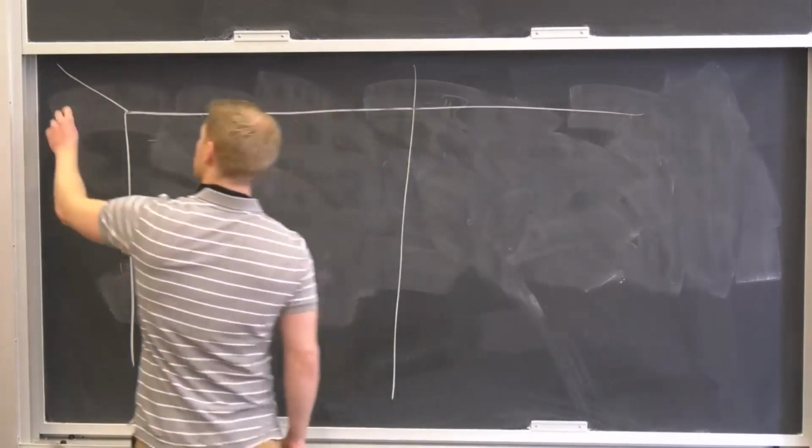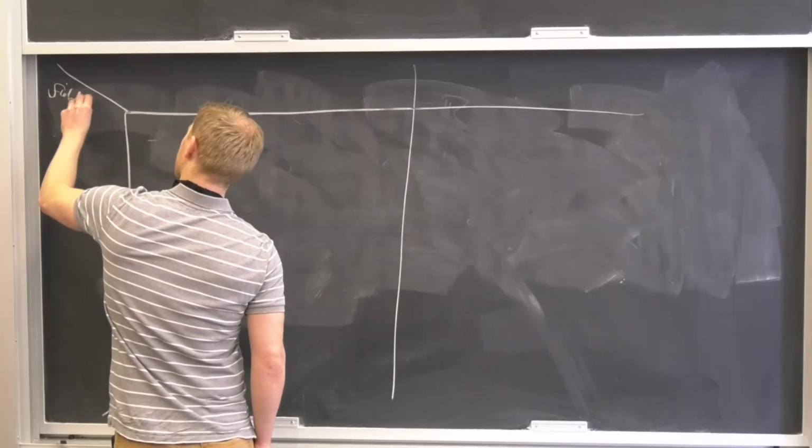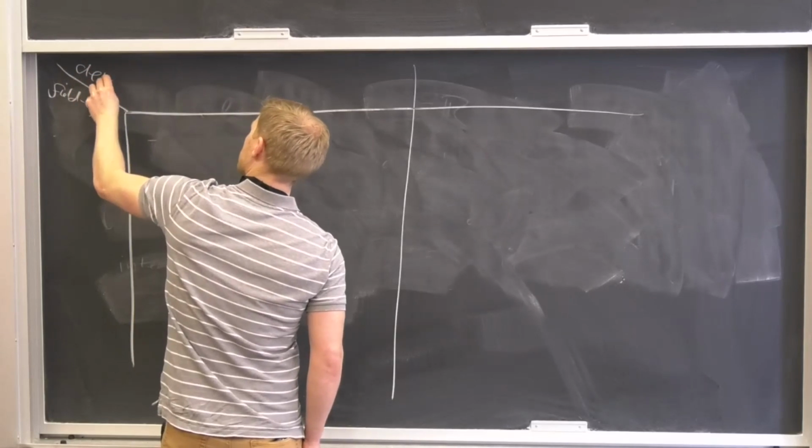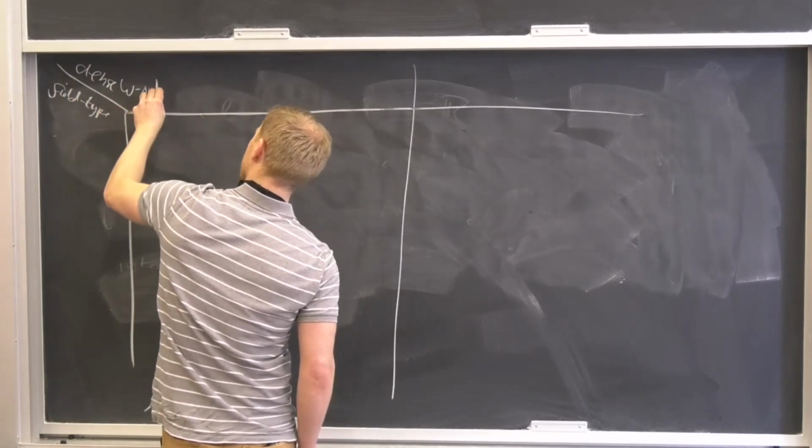So this is field type here, and this is dense omega order.